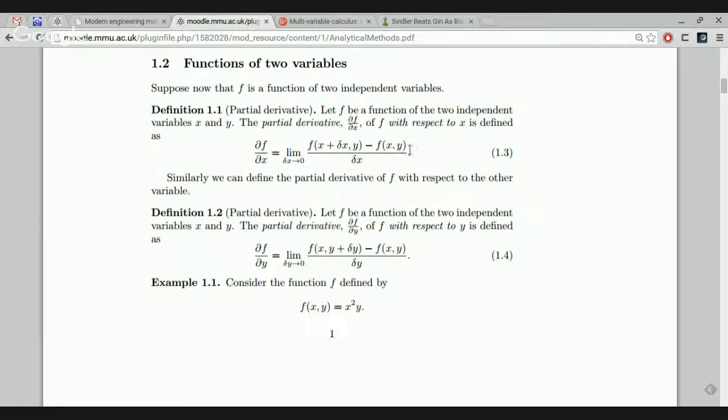Okay, the limit of what? Well, again, it's similar to before. We're taking the absolute value and change of the function relative to the change in value of the argument. Okay? But we're only looking at making changes to the x variable here. Okay? So we're looking at f evaluated at x plus delta x and y, and comparing that with the value of f at x and y. Okay?